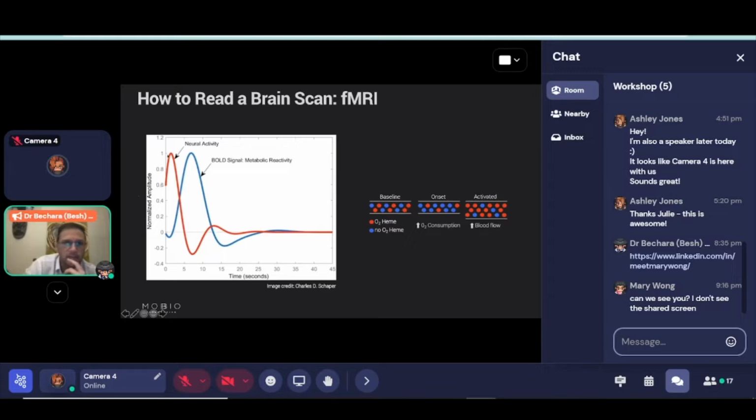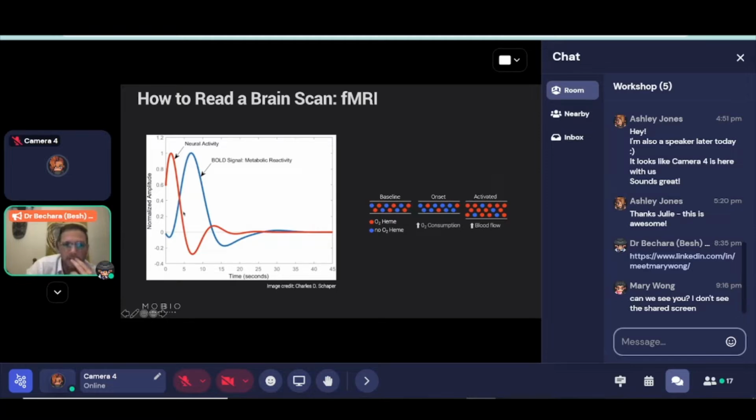Cool. Okay. So the neural activity here is the red line, and then you have the BOLD signal which comes after. First you have a baseline signal, let's say 0, and then you get a bunch of neural activity. On that onset, you increase oxygen consumption, and then you increase blood flow.